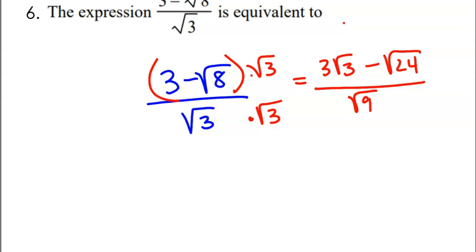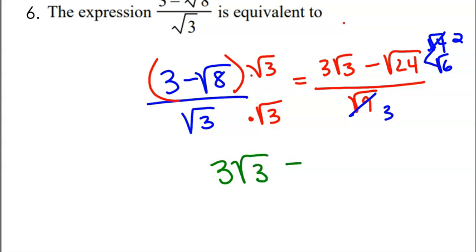When I start to simplify here, this one will become a 3, and this will be 4 times 6. And 4 is a perfect square. So now I have 3 square roots of 3 minus 2 square roots of 6 all over 3.